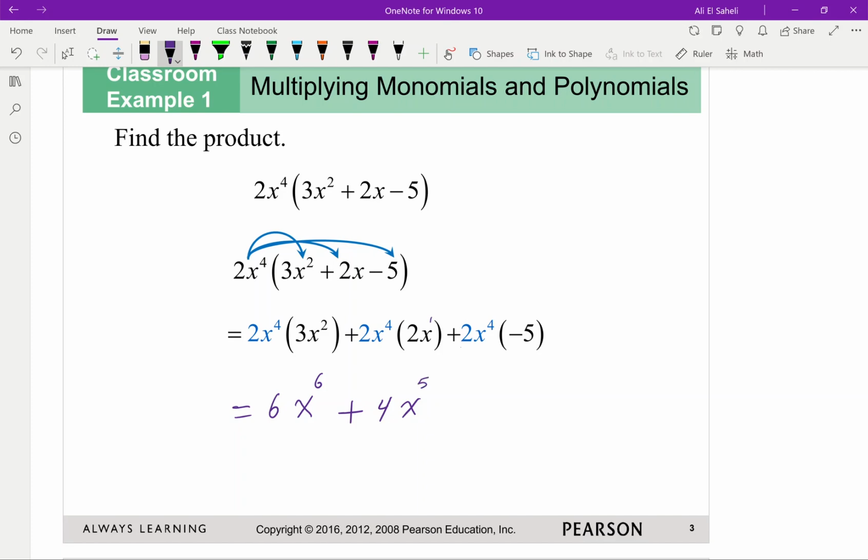Finally, 2 times minus 5 is minus 10, x to the power 4. There is no x in here, or you can think of it as x to the power 0, so it's going to be x to the power 4 plus 0. And that's it.